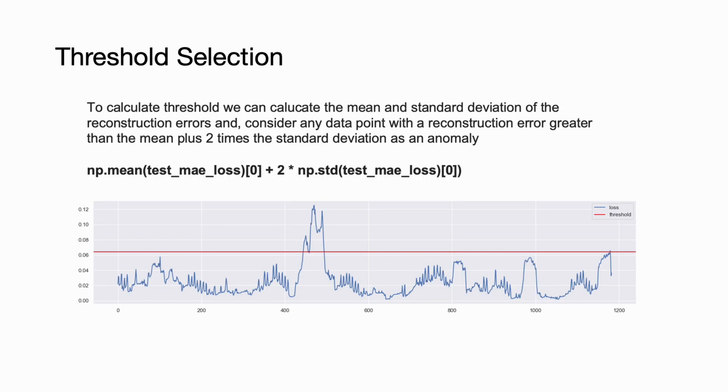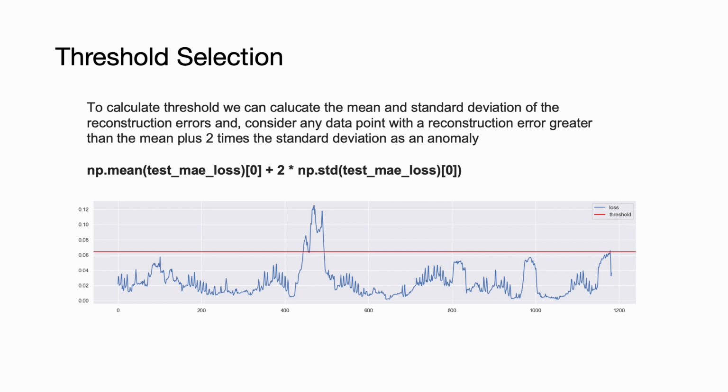One of the most important pieces of this model development is to calculate the threshold value. So threshold will indicate what is anomalous data and what is not. Now to calculate the threshold, we calculate the mean and the standard deviation of the reconstruction errors, and consider any data points with reconstruction error greater than the mean plus 2 times the standard deviation as anomalous.